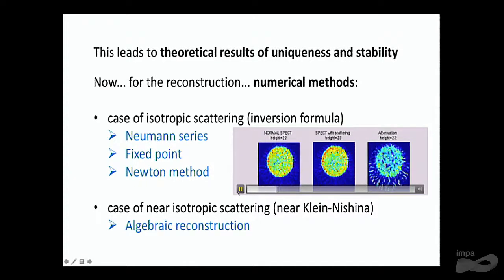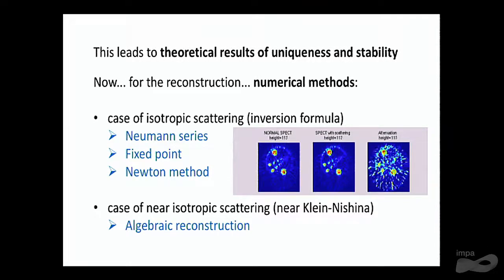I will explain that. This is from real data. In this case, we were comparing the normal SPECT using just ballistic measurements with the SPECT with scattering measurements, and this is the recovery of the source.